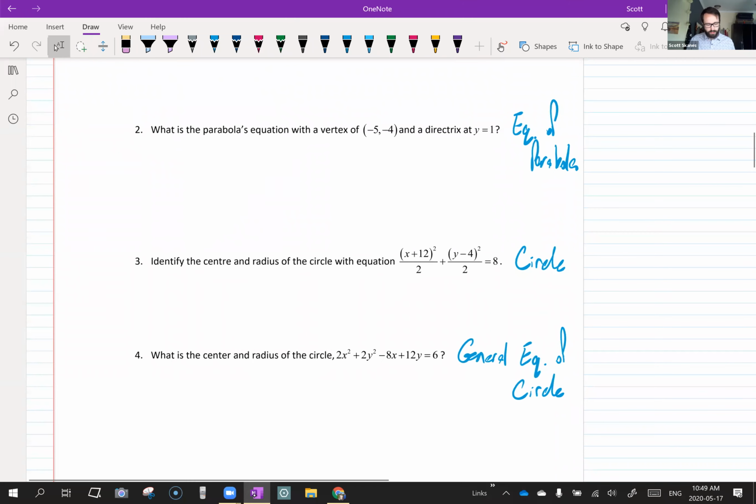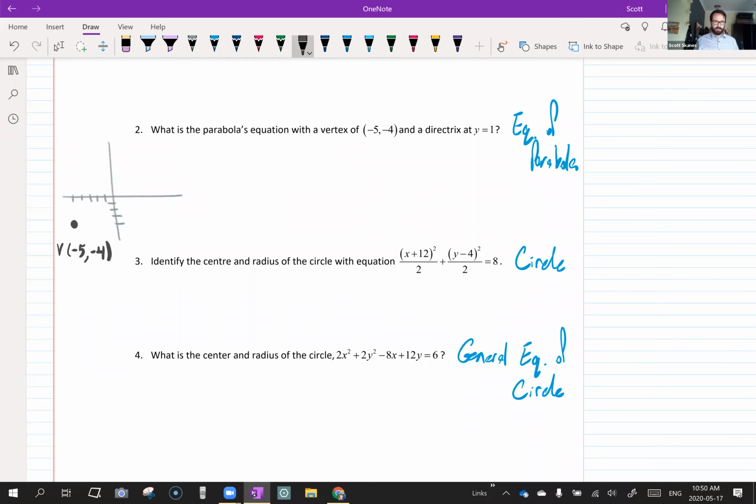So right now, what is the parabola's equation with a vertex of (-5, -4) and a directrix at y equals 1? Some of you might look at this and be like, oh God, this again. Well, let me show you how I do it. Make a sketch. So my vertex is right here.